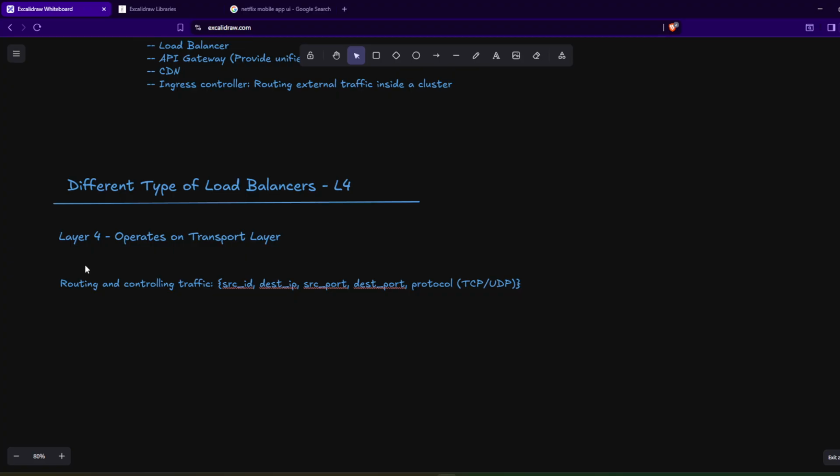One very important thing about L4 that we have to remember is that it is connection based, it is not message based. That means it cannot read the message. It cannot really go into the message contents, the HTTP headers, and take some decision based on that.